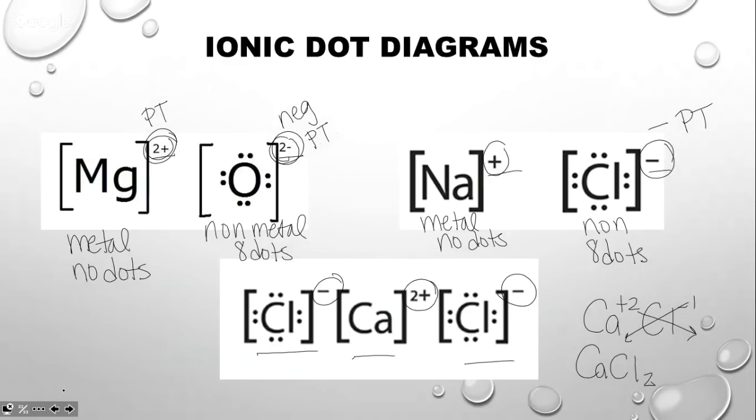Or if you don't want to have to draw another thing, you don't have to draw the second one, you can just put a coefficient of 2 in front of the nonmetal there. Whatever number is down here can just become the coefficient of the bracket. That's up to you. So again, you can either draw it twice or put in a coefficient in front of the one that gets a subscript in the crisscross formula.